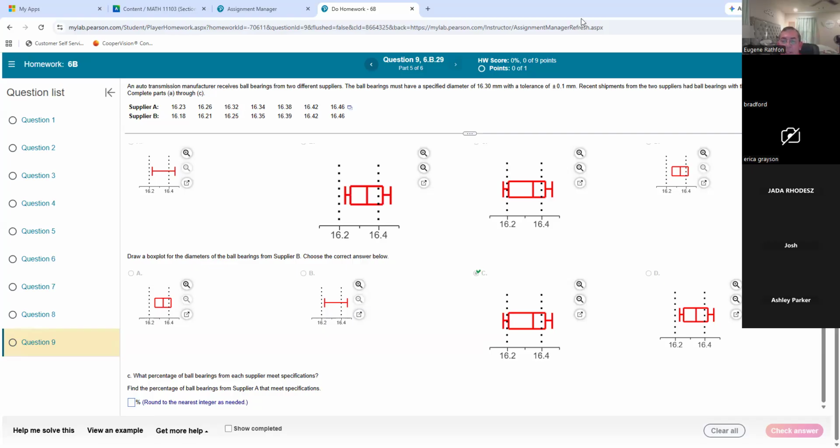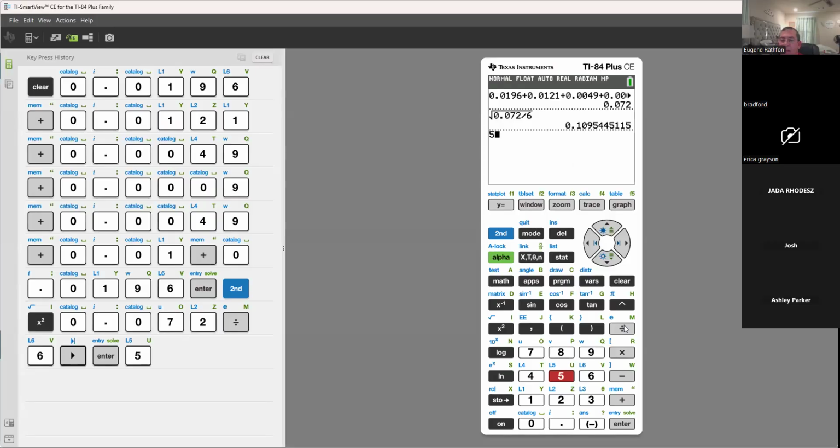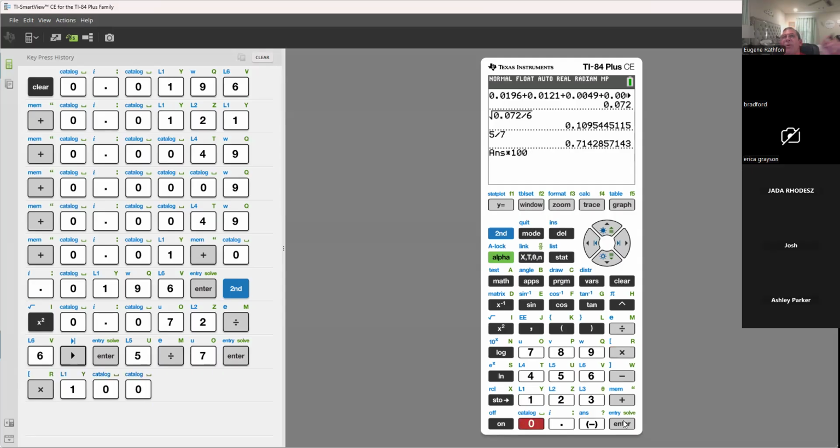So to get the percentage, we had 5 that met expectations divided by 7 total. That gives you 0.71, but you need to turn that into a percent by multiplying by 100. Sort of like we did when we were doing the interest rates and all that fun stuff.